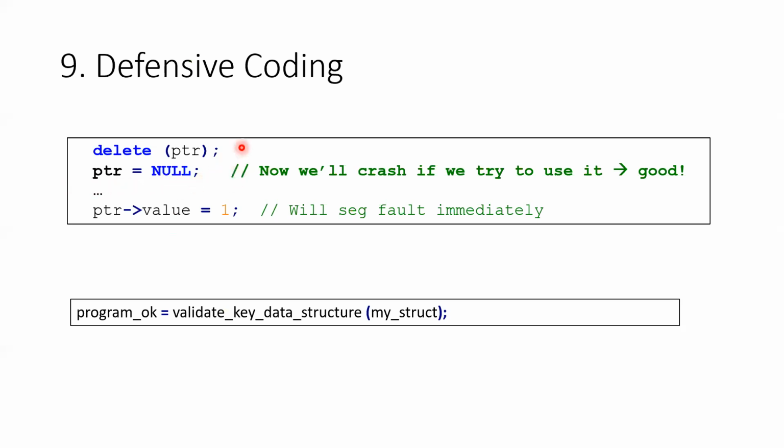If someone doesn't know that it has been deleted and it's used again, it will segfault immediately, which is good in this case because we don't want the error to propagate, and that would be a hard thing to debug. So set deleted invalid pointers to null.